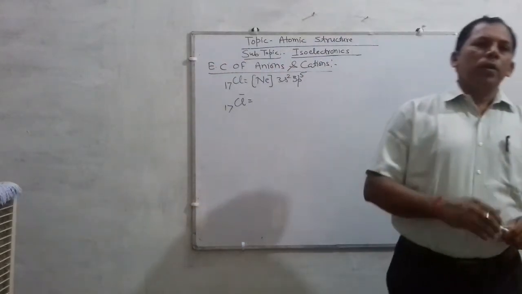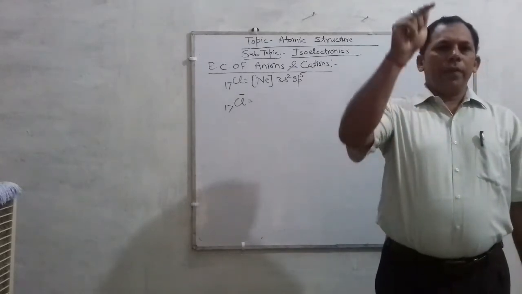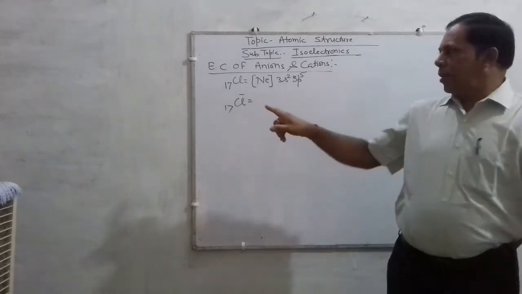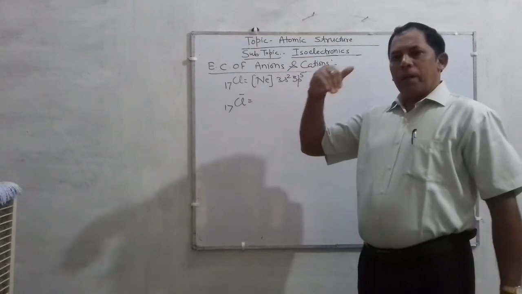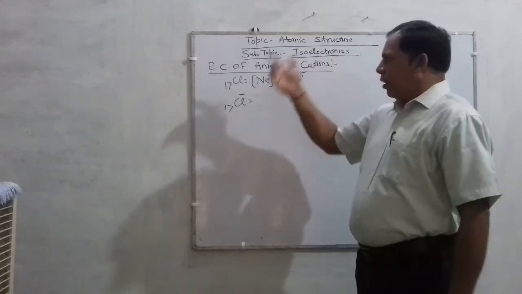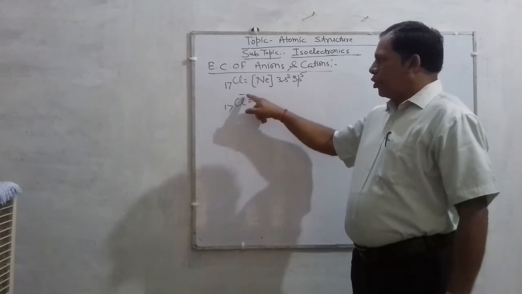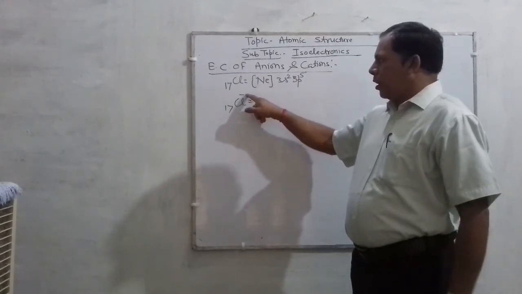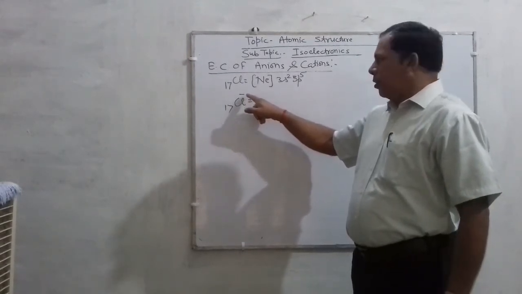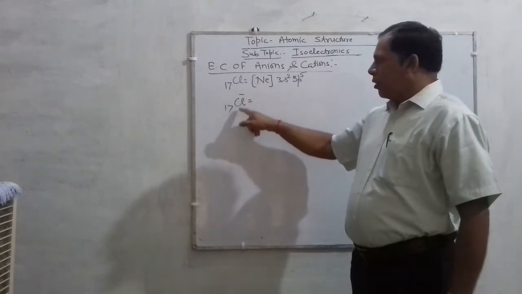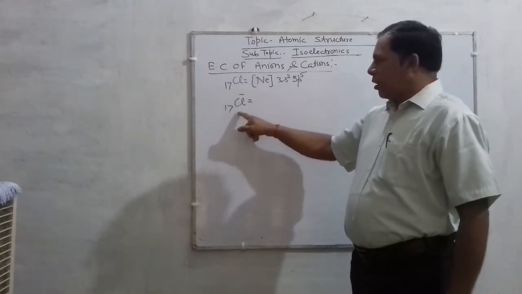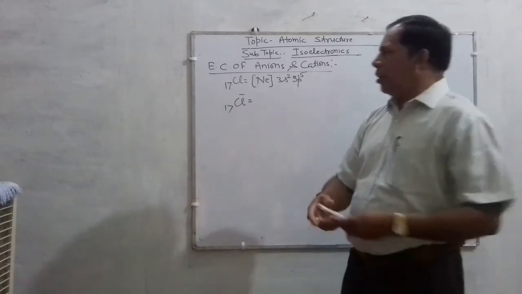Anions are formed by adding electrons to the valence shell of the atom, and the number of electrons gained equals the numerical value of the charge on the ion. So the total electrons in the chloride ion become 18.